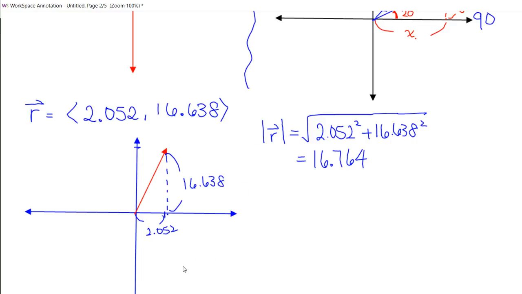Now we need to find our angle, but the angle that this is going to give us is going to be that interior angle, our reference angle. Likewise, we're going to do our angle like we always do: tangent inverse of y over x, because tangent is y over x. 16.638 over 2.052.